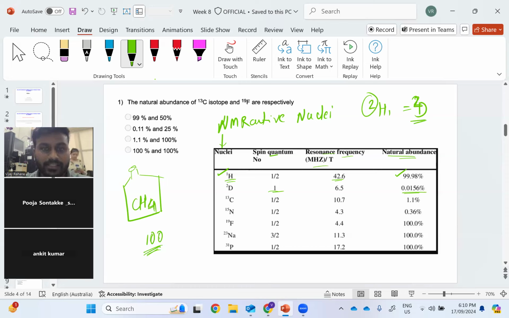In the question, we have to give the natural abundance of the 13C isotope, which you can see in the table is about 1.1%. And for 19F, fluorine 19, the natural abundance is about 100%. So you can select the correct option based on this table.